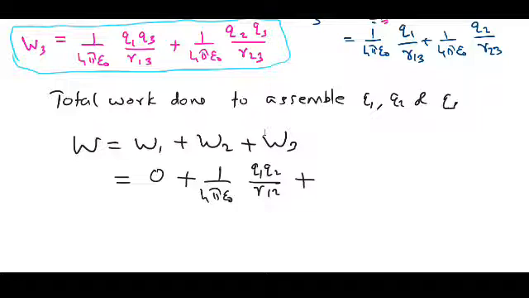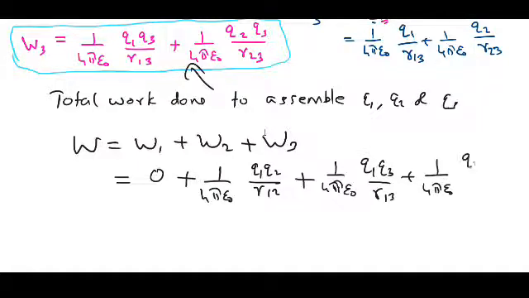And third work, that is here, 1 by 4 pi epsilon 0 Q1 Q3 divided by R13 plus 1 by 4 pi epsilon 0 Q2 Q3 divided by R23. This is Q3. Okay.